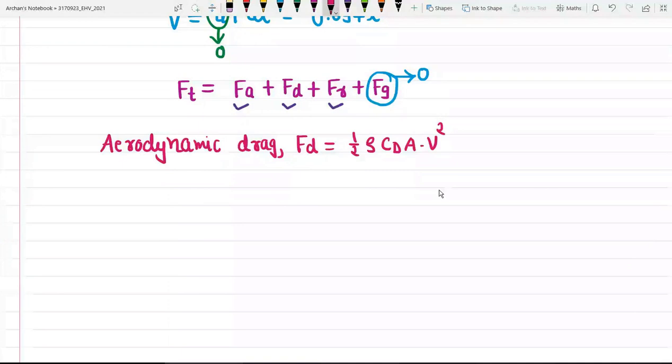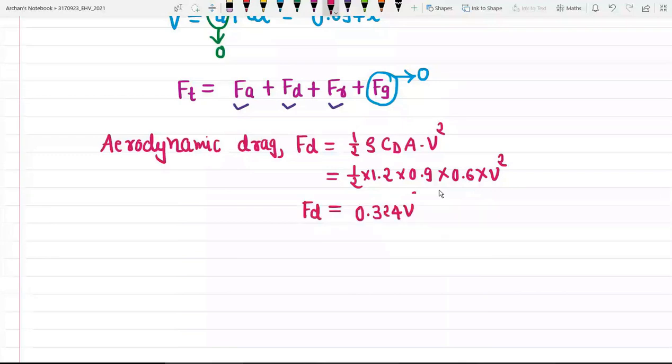We will get half into 1.2 into 0.9 into 0.6 into V square. So the aerodynamic drag FD is nothing but 0.324 V square. This is about the aerodynamic drag.